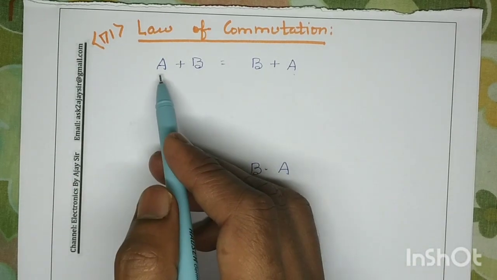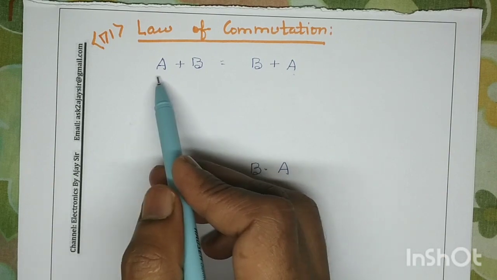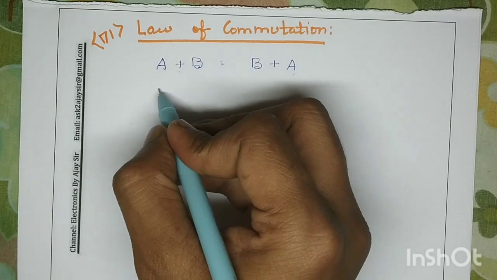So first of all, we will make the circuit level implementation of this expression, that is A plus B. Again we will target on this sign, it's a plus, so I need a OR gate.